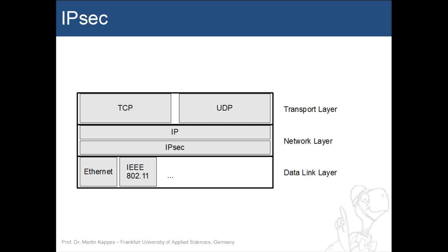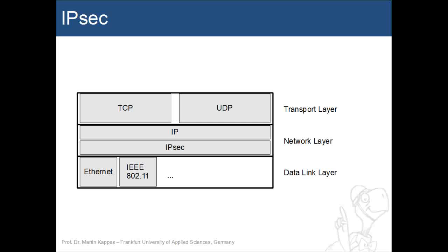IPsec is connectionless and contains two different types of security protocols, in particular authentication header, for short AH, and encapsulating security payload, ESP. Those have been specified in RFCs, and systems which implement IPsec must also implement ESP. AH, the authentication header protocol, is however optional.